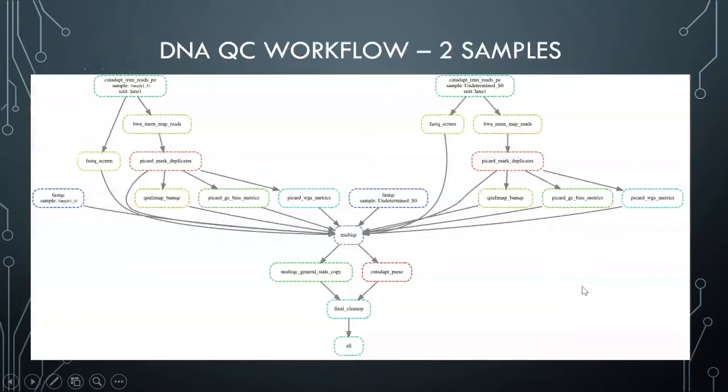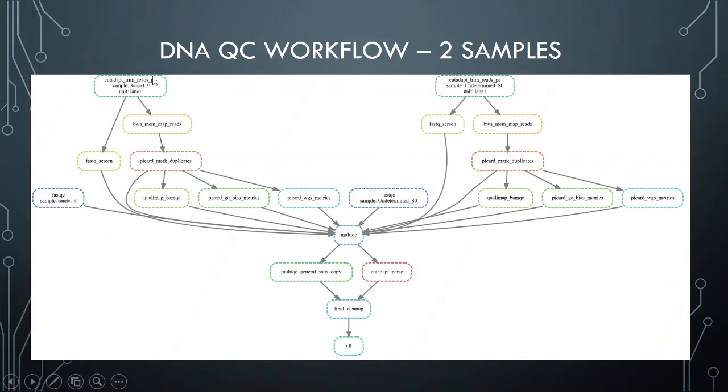Here's a simple example of 2 samples going through a DNA QC workflow. The initial inputs go from the top down, except for these FastQC steps. Each one of these represents a rule. This is an example of a DAG, a directed acyclic graph.